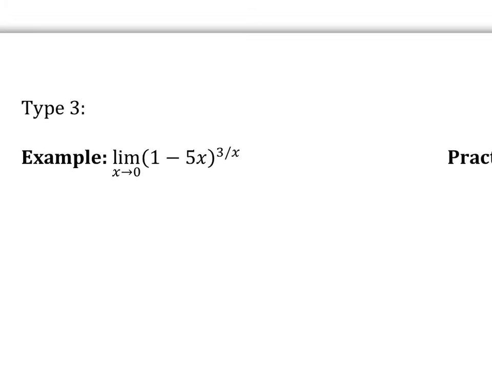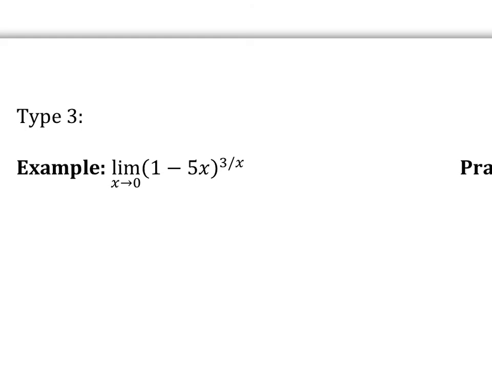Now type 3 is where we get something like this. 0 to the 0, infinity to the 0, or 1 to the infinity. Now 0 to the 0, we cannot conclude that it is just going to be 1.